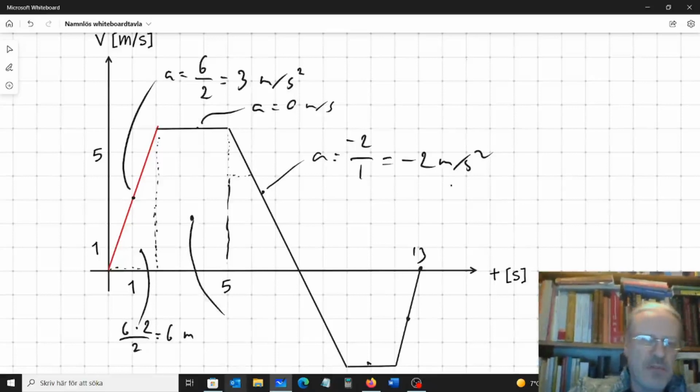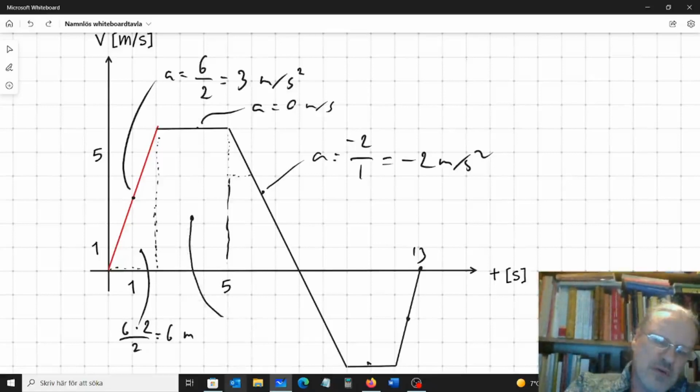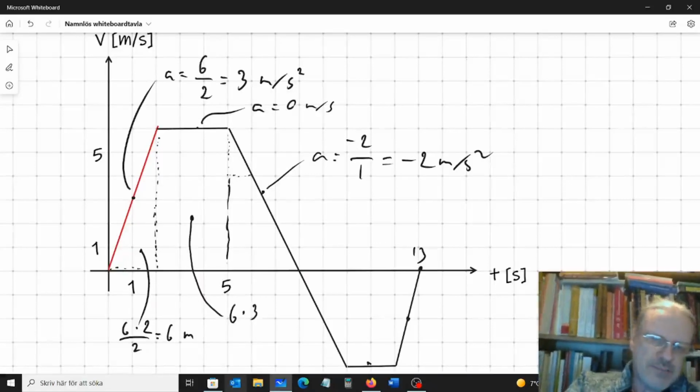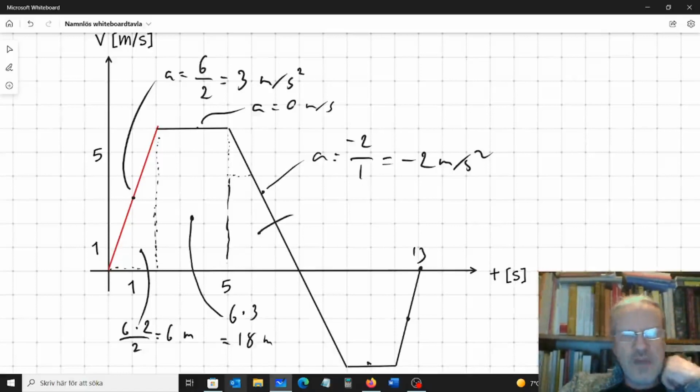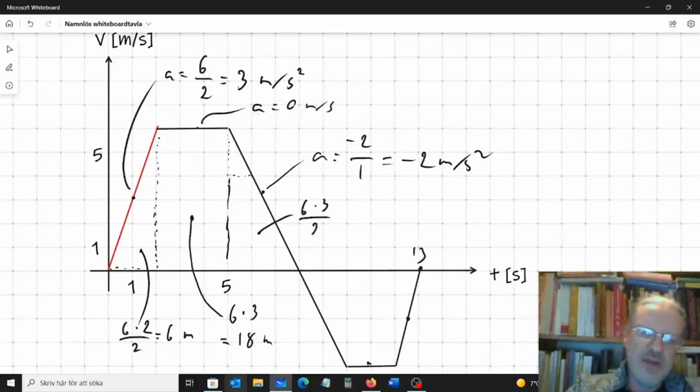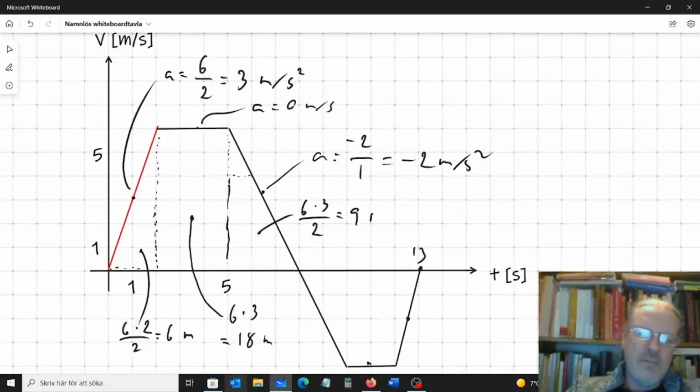And this part will be yet again 6 meters per second times 3 seconds. So that will be 18 meters. This part here is now 6 times 3 divided by 2. And that would be 9 meters.